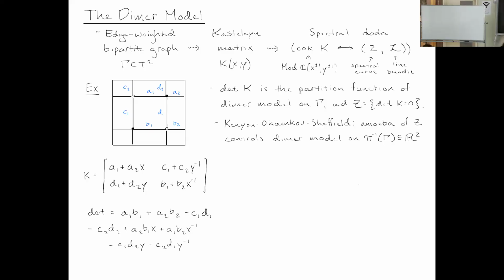And indeed, once you include those variables, the raw partition function, well, you just plug in one for those variables. When I put them in, now this partition function gets enhanced to the equation of a curve in C star squared. Now this is an equation in two variables.